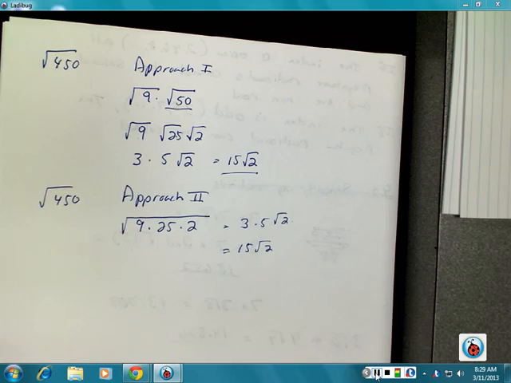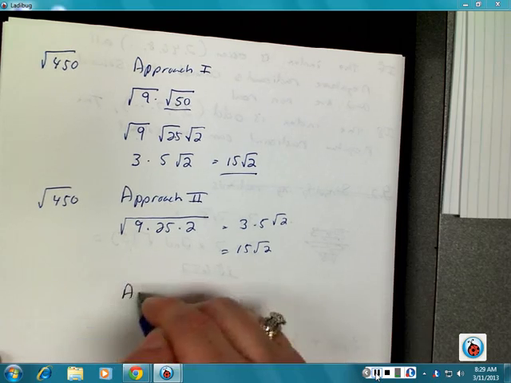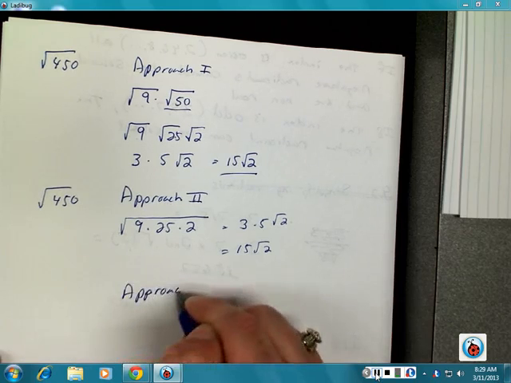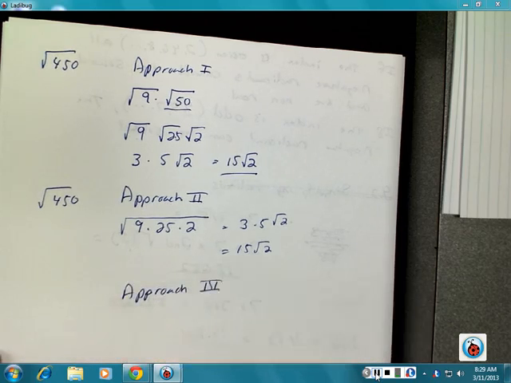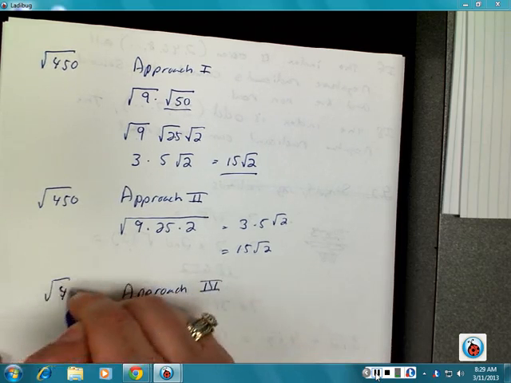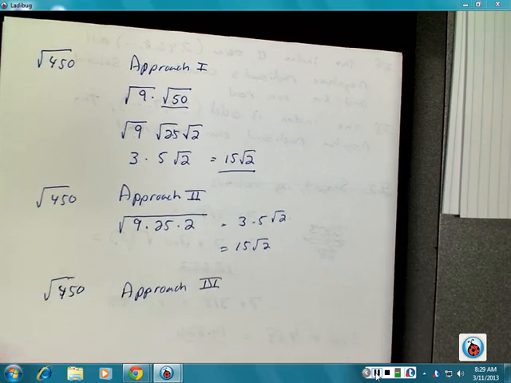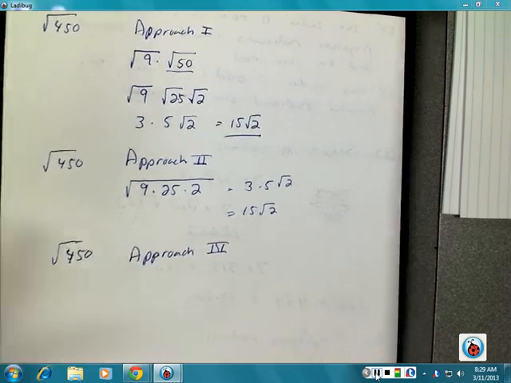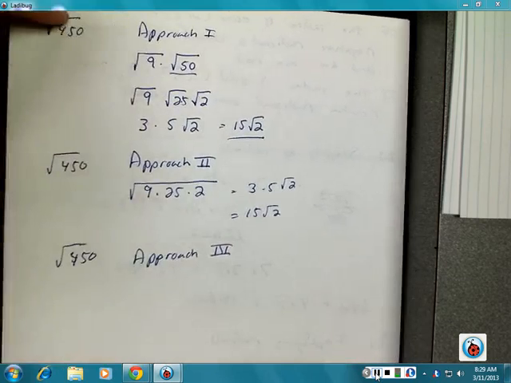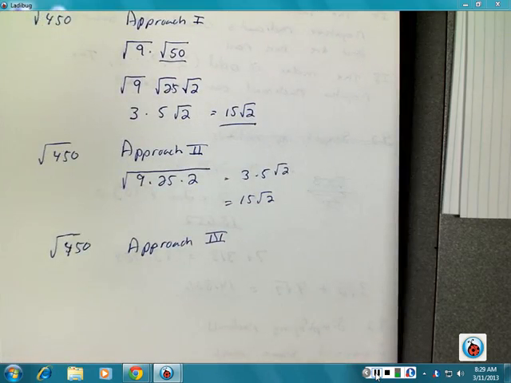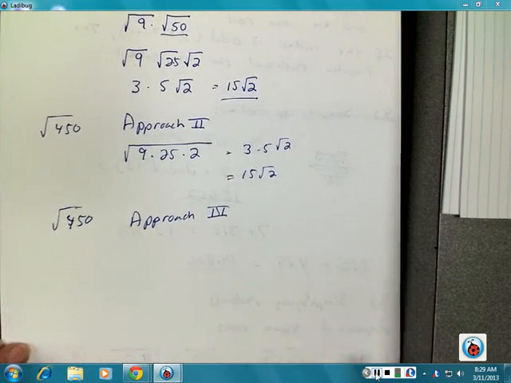The one that I like the best is approach number 3. Because in approach number 3, you start to see all of the pieces that are in there, and I don't know if you guys have been real into doing prime factorizations.